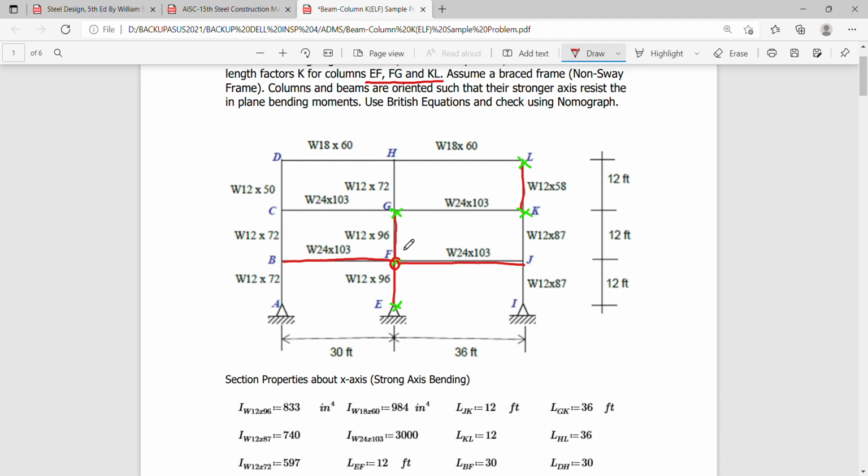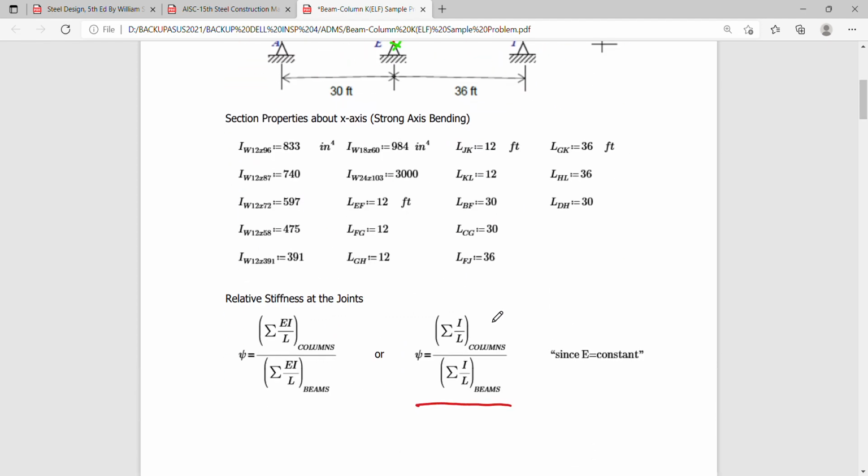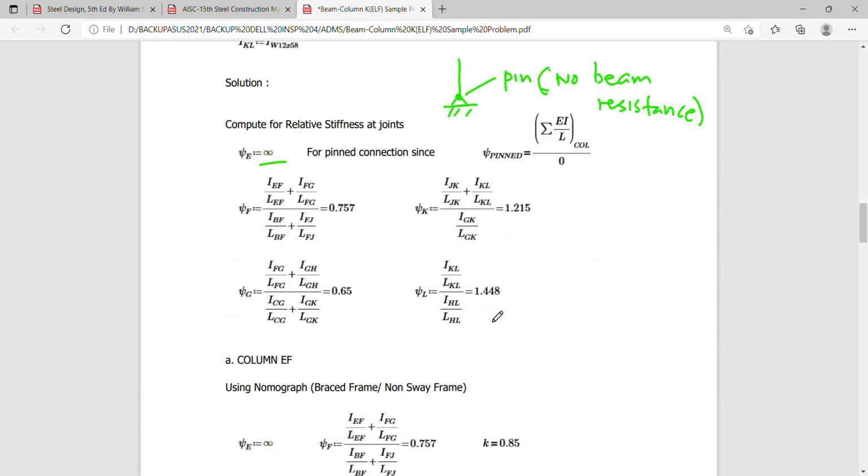Hence, we simply sum up the stiffnesses of columns EF and FG, and divide by the sum of the stiffnesses of beams BF and FJ, given by this formula. This is IEF over LEF plus IFG over LFG. These two here are the column members, and these two here are the beam members at the joint.